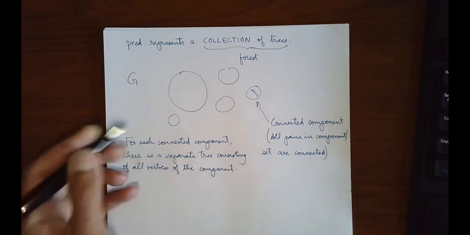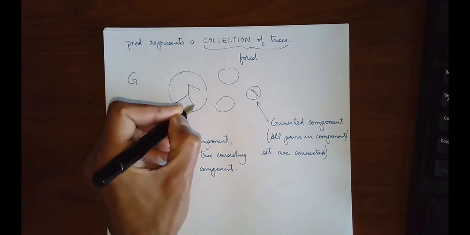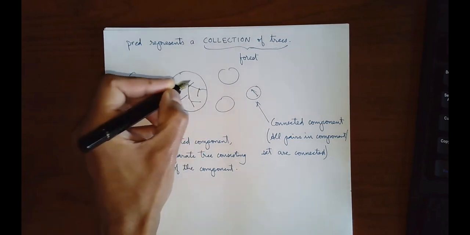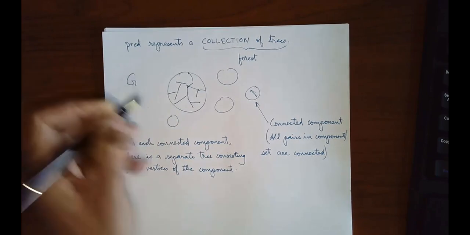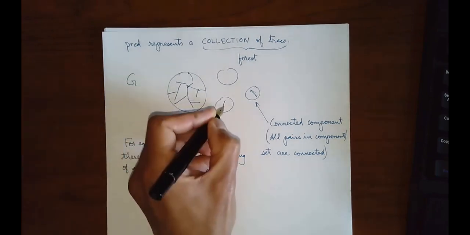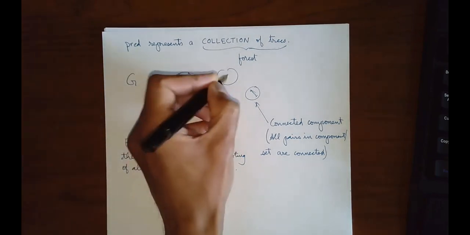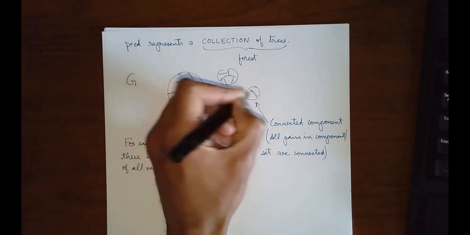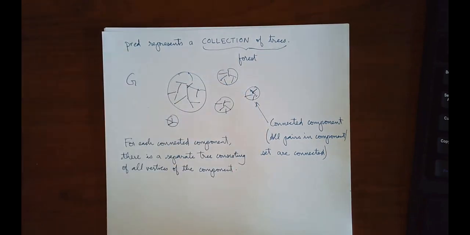So if you look at the output of BFS, you're going to get one tree over here. You're going to get one tree for that, one for this, one for here, one for this, and so on and so forth.